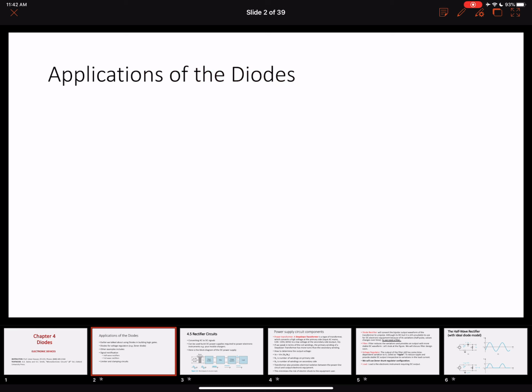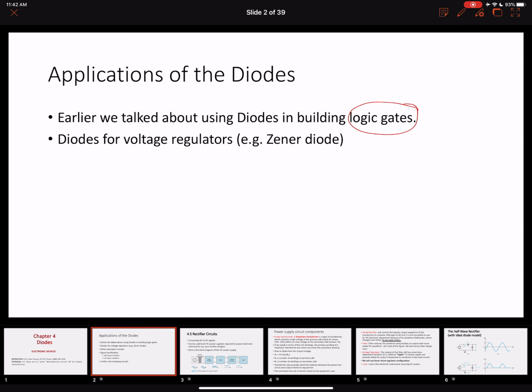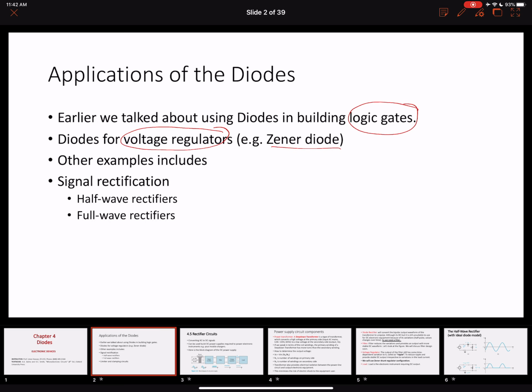Okay, so by now we have talked about multiple different applications of the diodes. We talked about how we can build logic gates using diodes earlier in the lecture. We talked about how we can build voltage regulators using Zener diodes. In this lecture, we're going to talk about signal rectification, which is how we can convert AC signals into DC, and this will play a significant part in building our voltage power supplies.